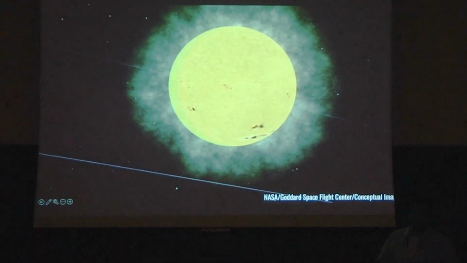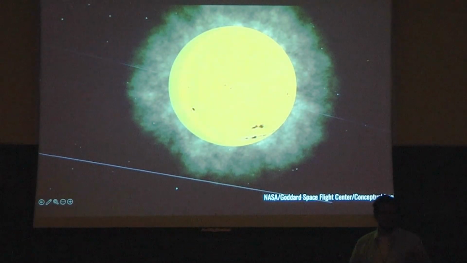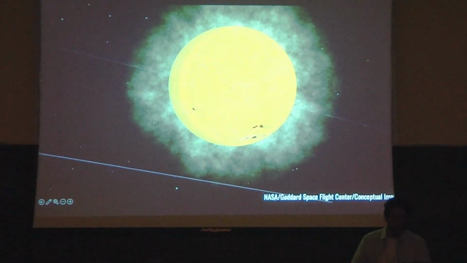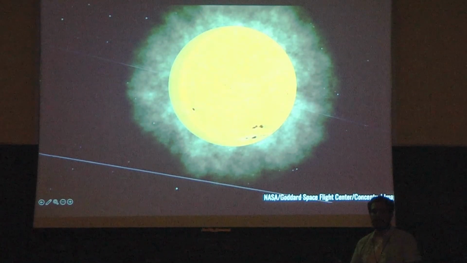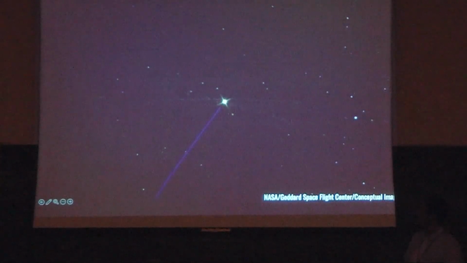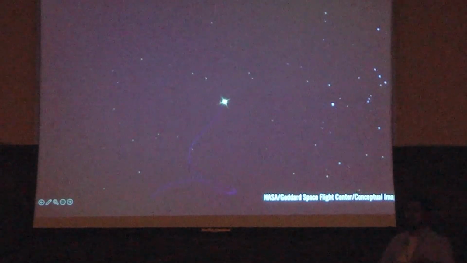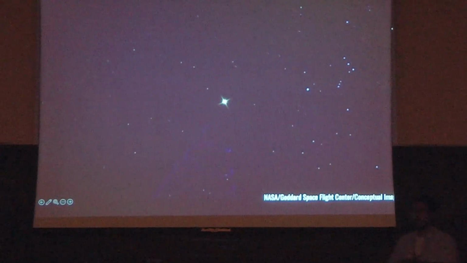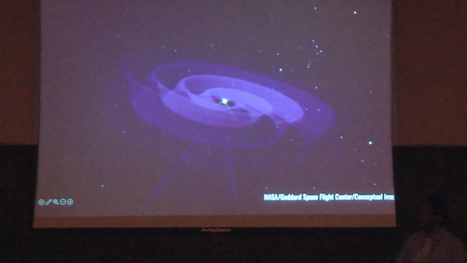In fact, you can imagine this because we can see it in our own solar system. For different reasons, but in a very analogous way, we have a striped wind that forms in our solar system. So our sun also has a rotation axis that's slightly misaligned with its magnetic axis.